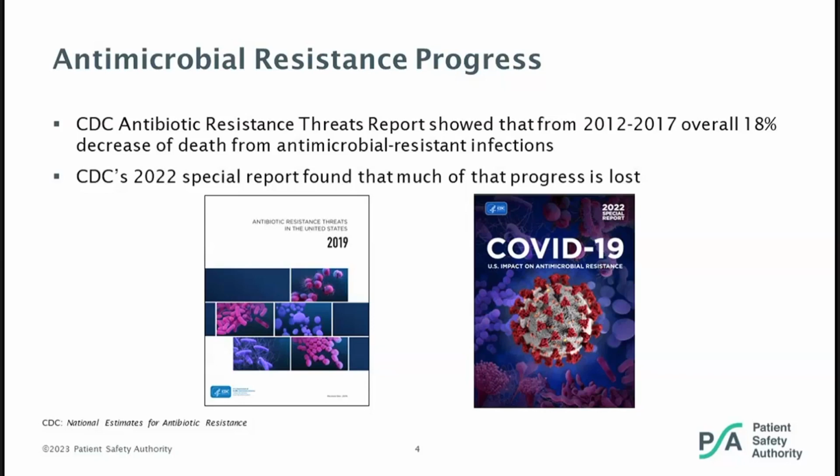The use of antibiotics really varied during the pandemic based on location. In hospitals from March of 2020 to October of 2020, almost 80% of patients which were hospitalized with COVID-19 received an antibiotic.